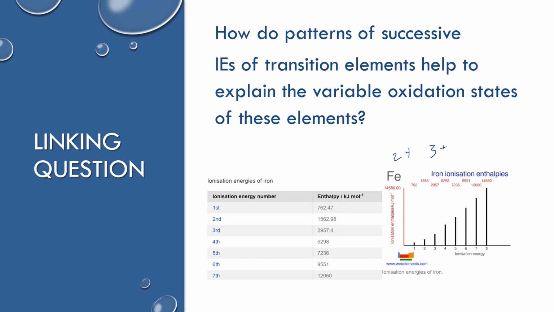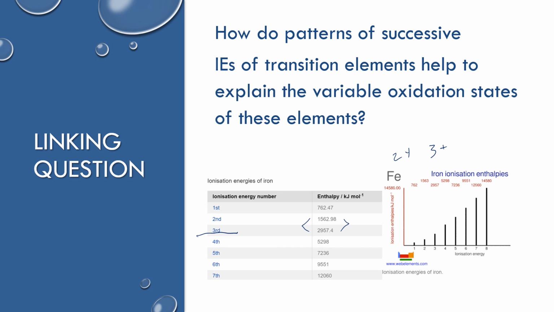The difference between the second and third ionization energy is pretty small for a second and a third. So that can help us explain why iron is likely to form a +2 ion by removing 2 electrons, or a +3 ion by removing 3 electrons, because it doesn't take that much more energy to remove a third one.